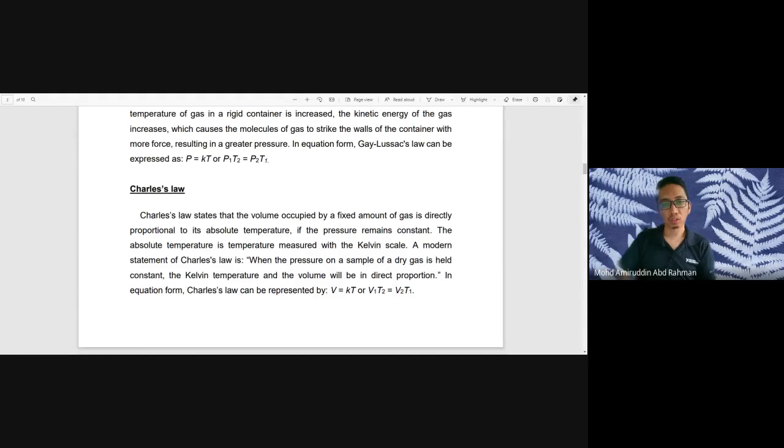In terms of equation, we have V equals KT, or V1 over V2 equals T1 over T2, meaning that when the volume is increased, we will also have an increment in the temperature.